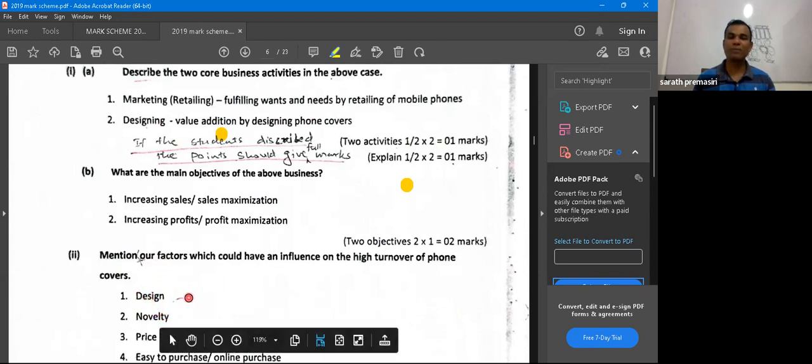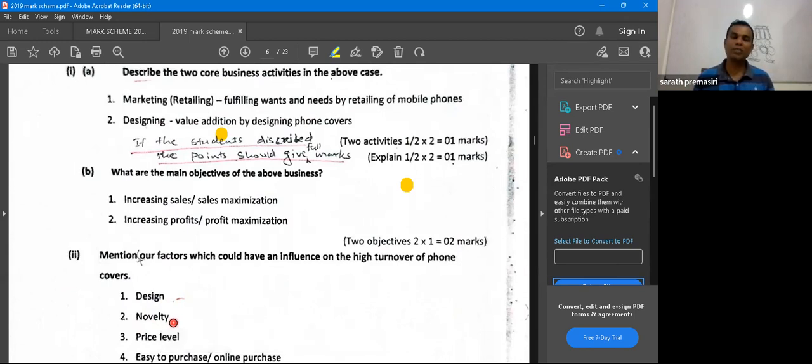She is creating new designs, and it is a new experience for the customers, so customers are interested in purchasing those phone covers.